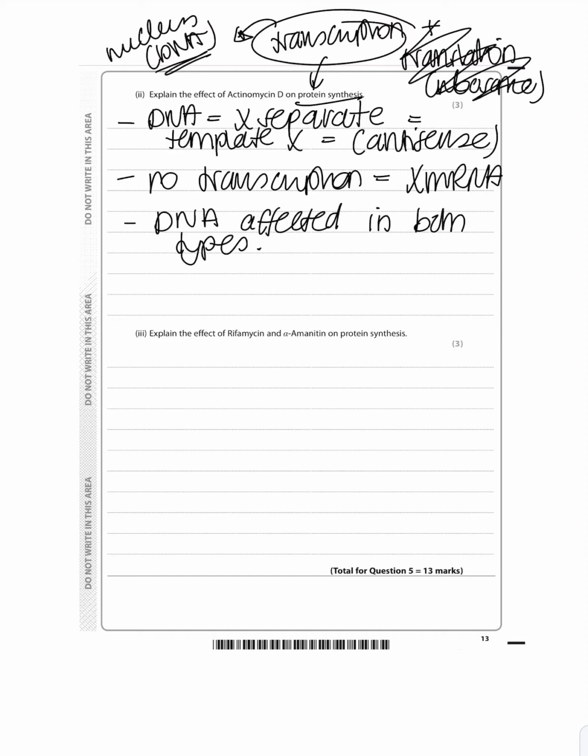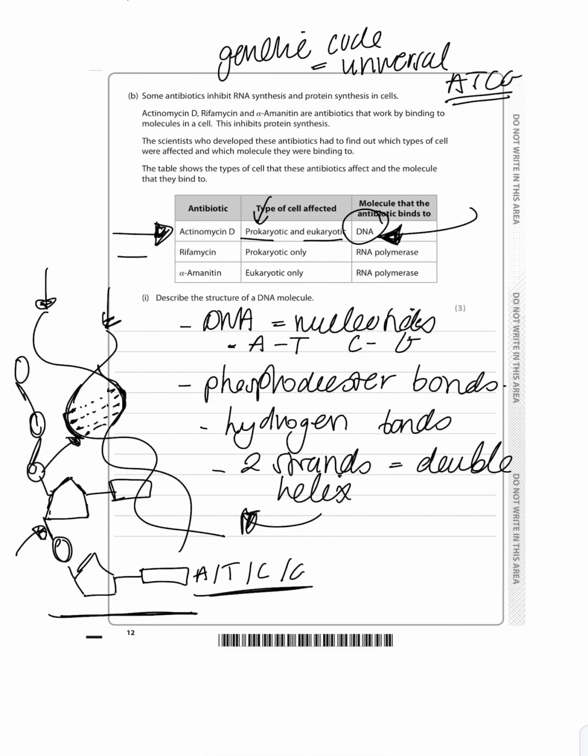And so, explain the effect of rifamycin and alpha-amanitin on protein synthesis. Okay, so rifamycin only affects prokaryotes, and alpha-amanitin only affects eukaryotes. Okay, but both work because they inhibit RNA polymerase.